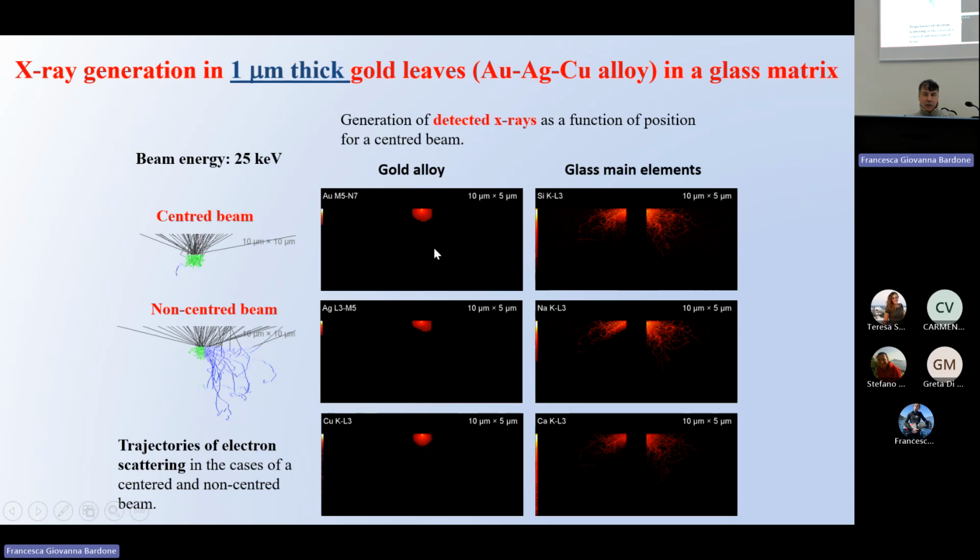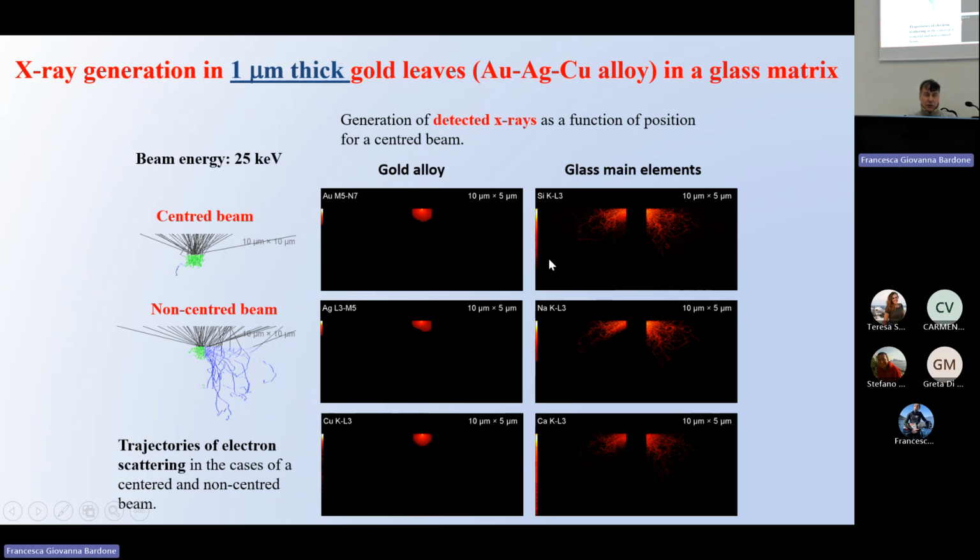This is for gold leaves 1 micron thick in a glass matrix as a function of the interaction and the energy of your electrons. You can have confinement of your information, or you can have scattering of your electrons producing X-rays which come from the matrix because of the different physics of the system.